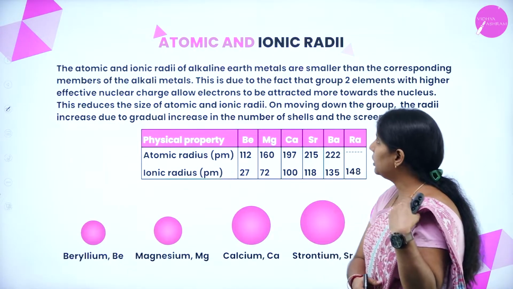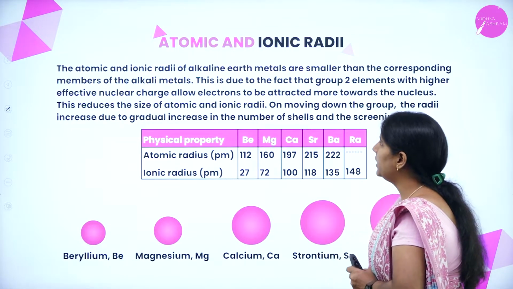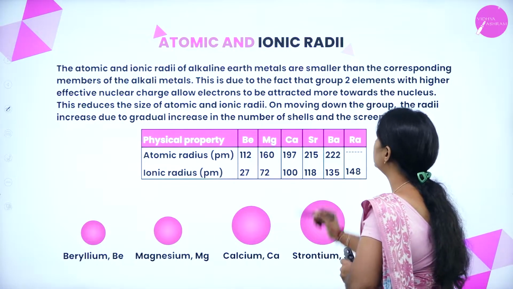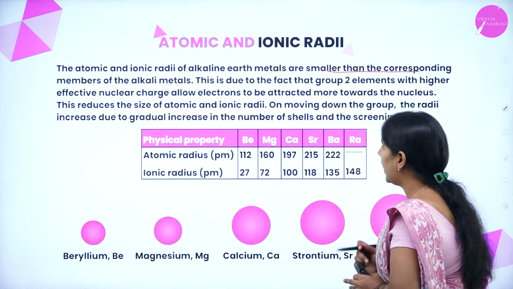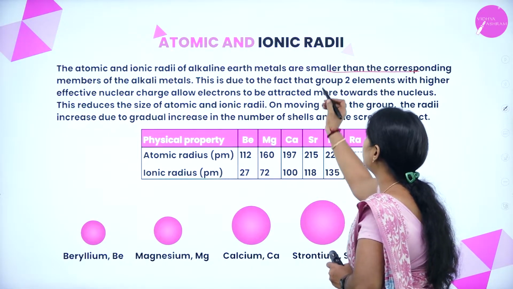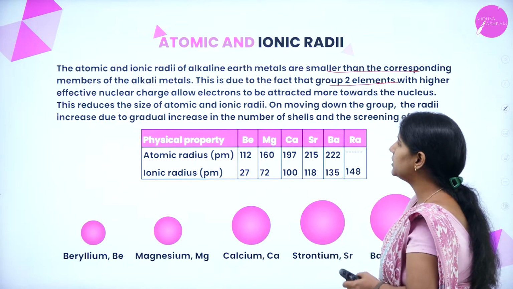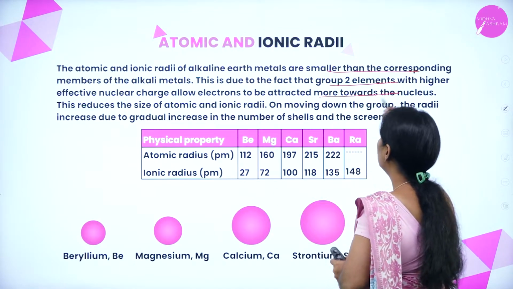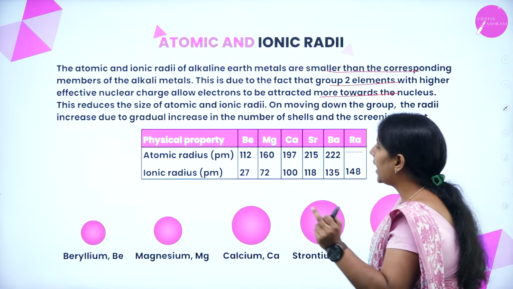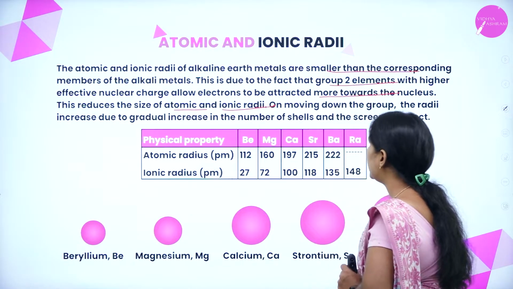Next is atomic and ionic radii. Atomic and ionic radii of alkaline earth metals are smaller than those of the corresponding members of the alkali metals. This is due to the fact that the group 2 elements have a higher effective nuclear charge, which allows the electrons to be attracted more towards the nucleus, and this reduces the size of the atoms as well as the ionic radii.